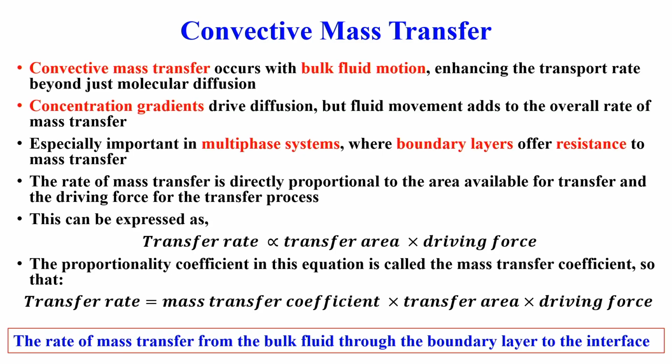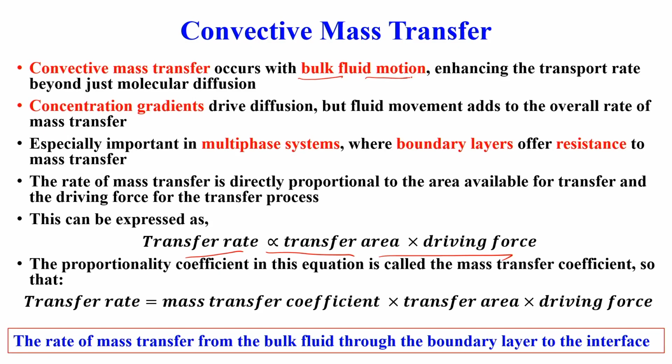Now, how do we write the equation when there is convective mass transfer, or two film theory? We say convective mass transfer occurs with the bulk fluid movement, enhancing the transport rate beyond just molecular diffusion.